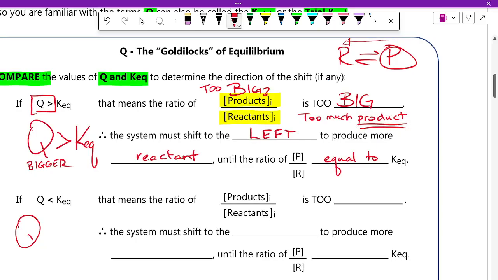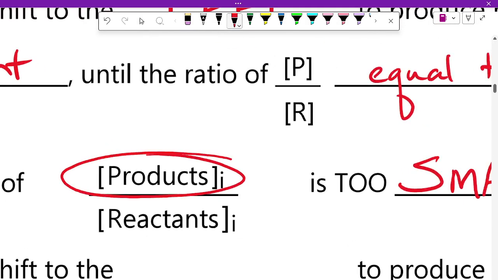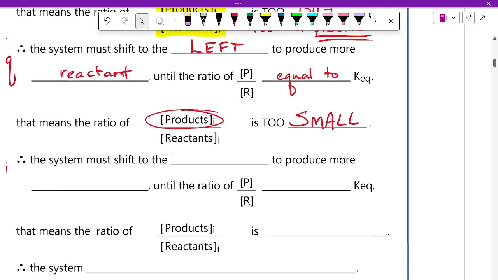Now, if Q is less than KEQ, that means Q is smaller. That means the ratio of products to reactants is too small. If it's too small, do we have too much product or not enough product? We have too much reactant, not enough product.